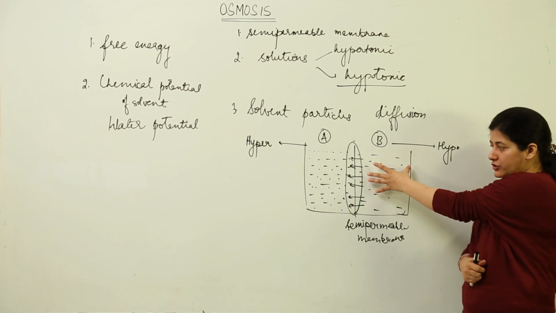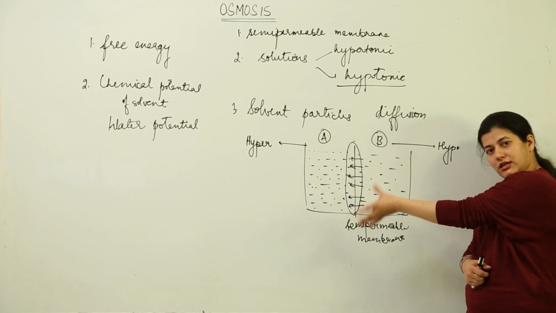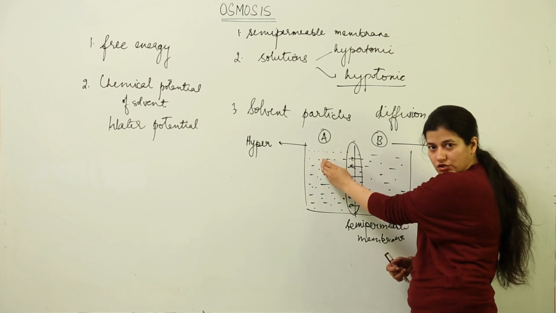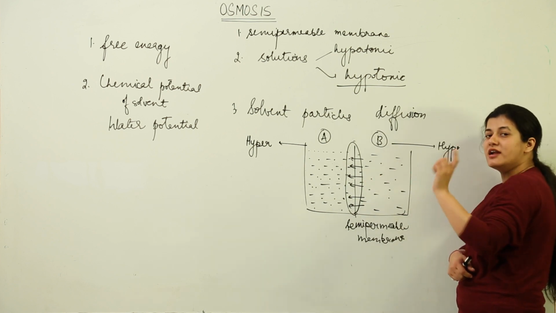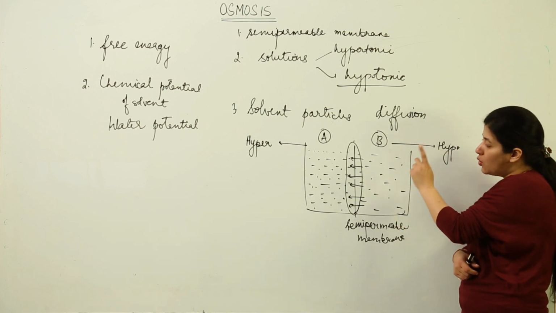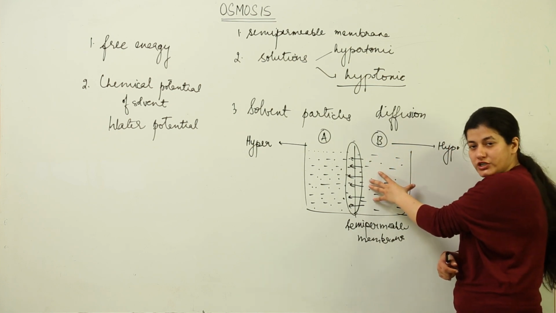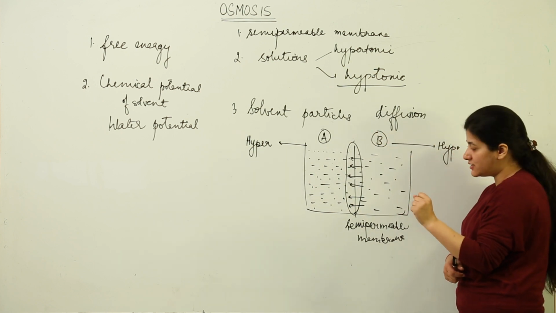Now this solvent over here, consider it as water. The solvent over here is again in higher concentration as compared to the solvent in this region. Now the solvent has greater chemical potential, and if the solvent happens to be water, then solution B has higher water potential as compared to solution A. So what would be the definition of osmosis in this concern?